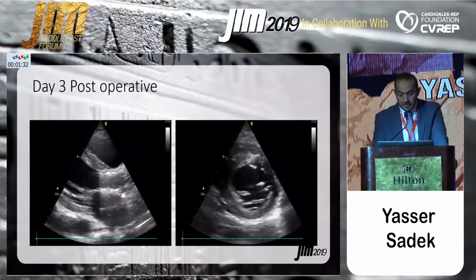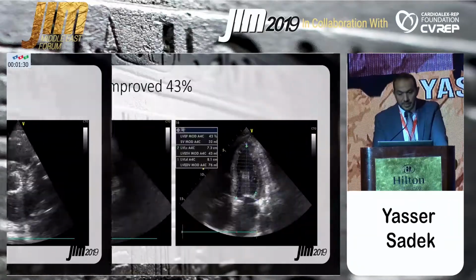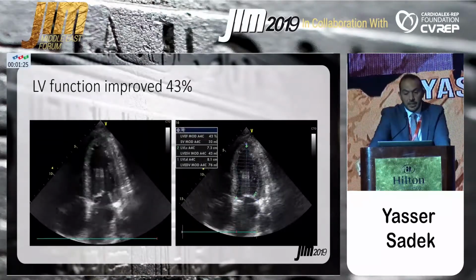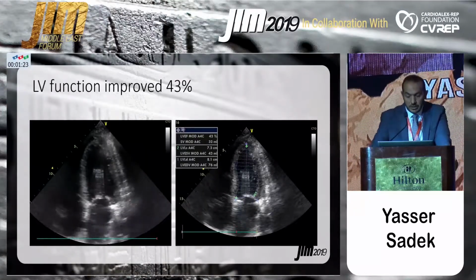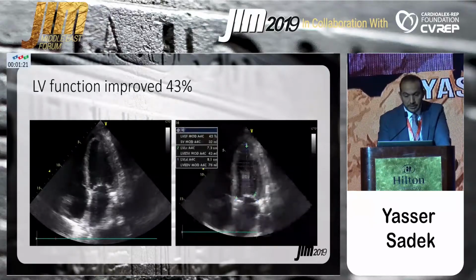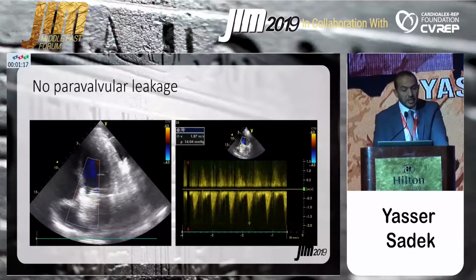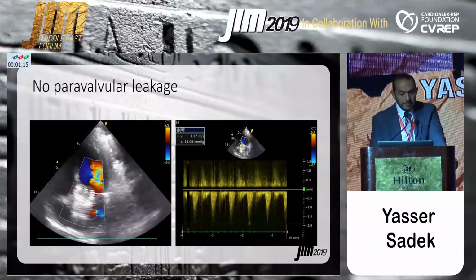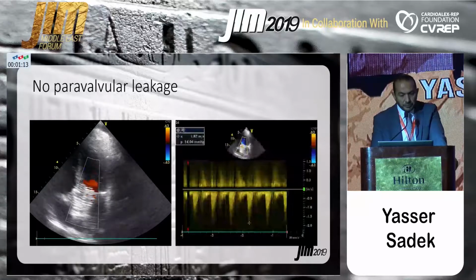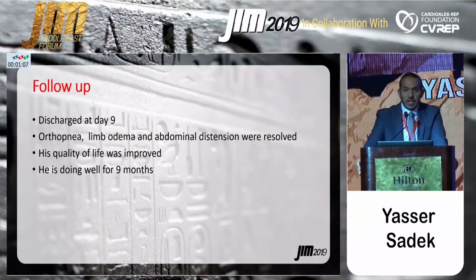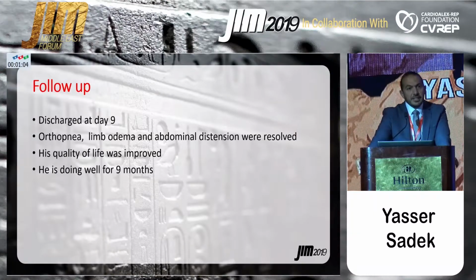As you can see here, his LV function improved and reached above 40, and there is no aortic regurgitation. He was discharged at day 9, and this patient has been doing well for 9 months.